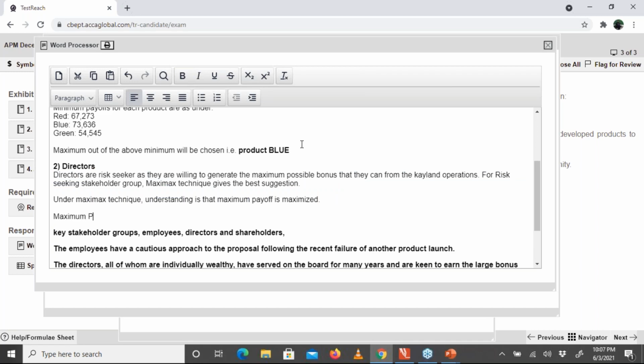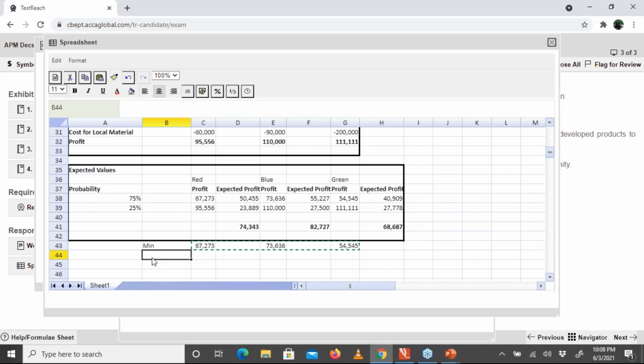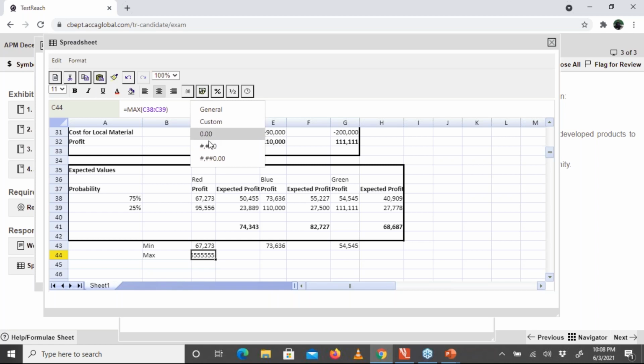So the maximum payoffs for each one of the products are as under. I'll go back to the spreadsheet. I would say maximum. I'd say max. So I've got the answer here. These are the max values.